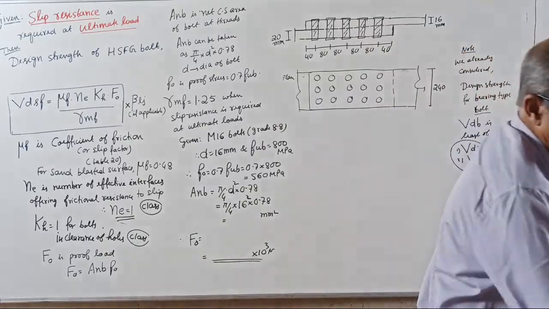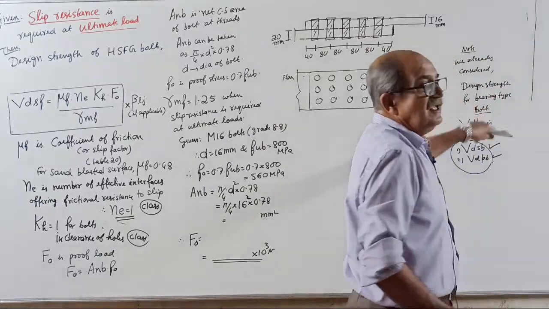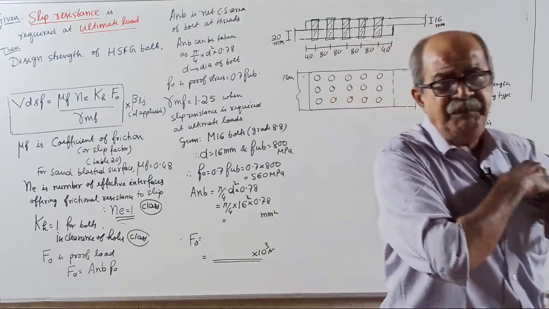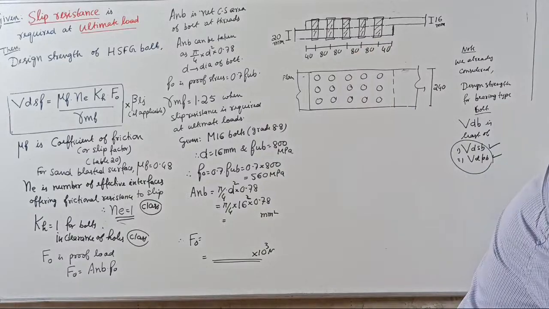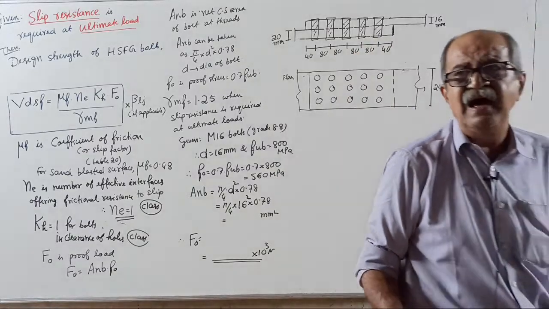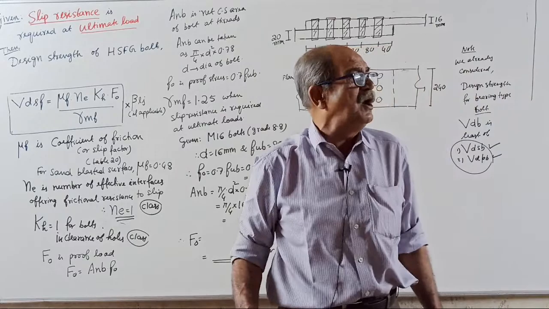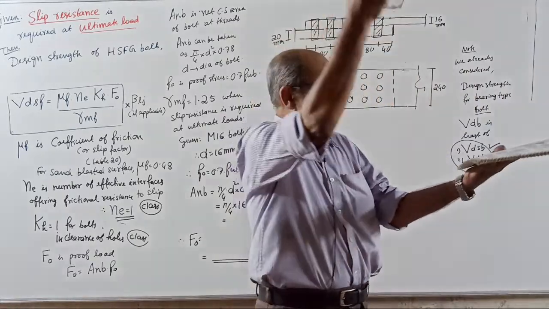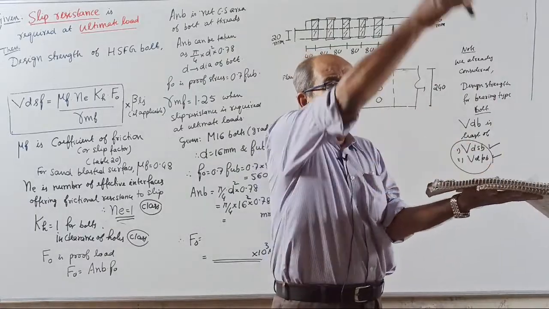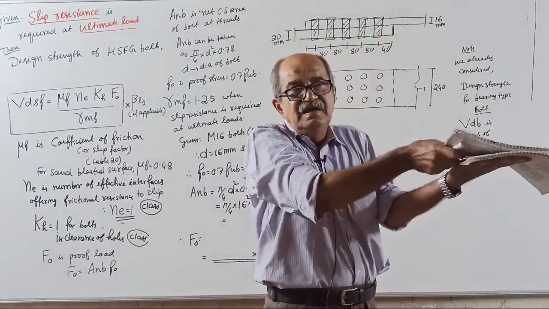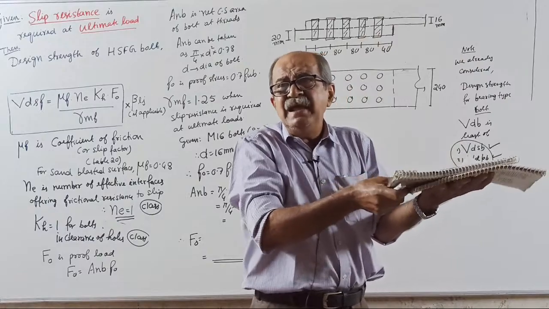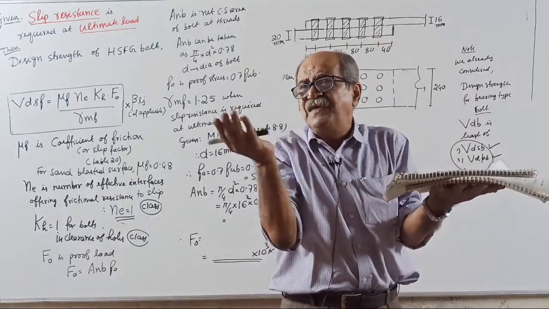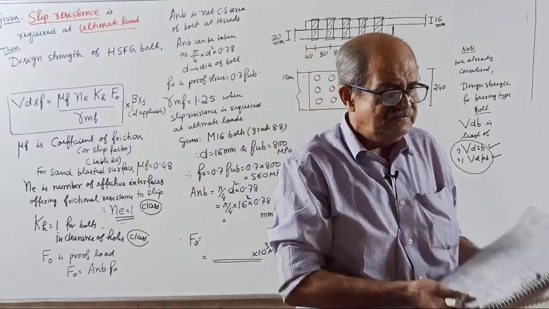Okay. Then right here, one more thing. In the case of bearing type bolt, I told you repeatedly in earlier classes. See, if you put two plates here and put a bolt here this way, tell me, in the case of bearing type bolt, the bolt cross section is subjected to what?